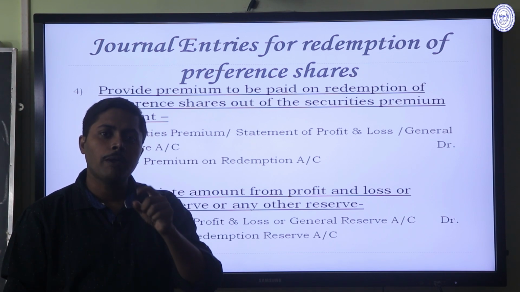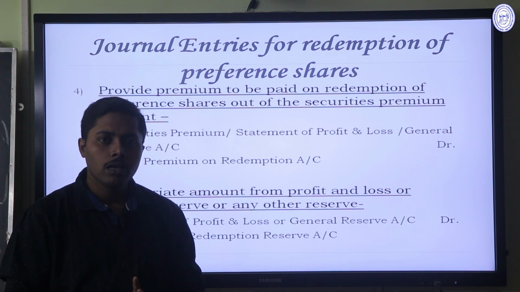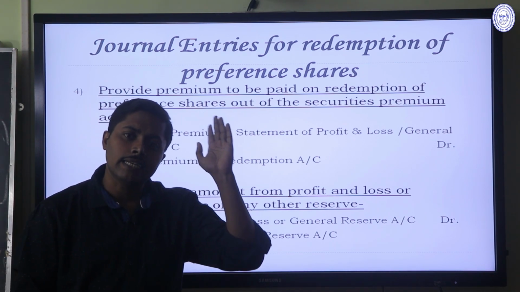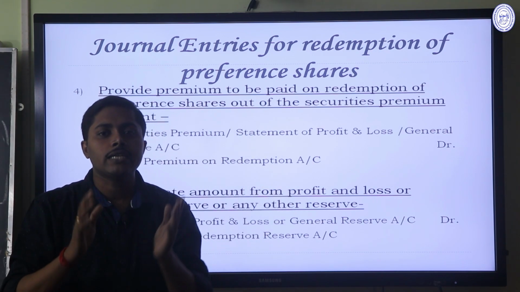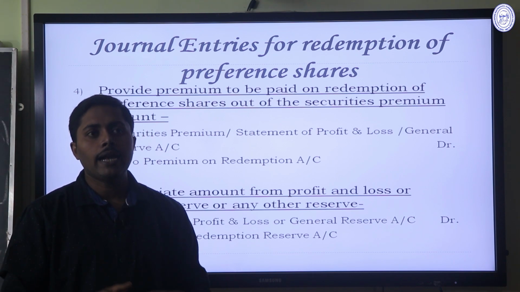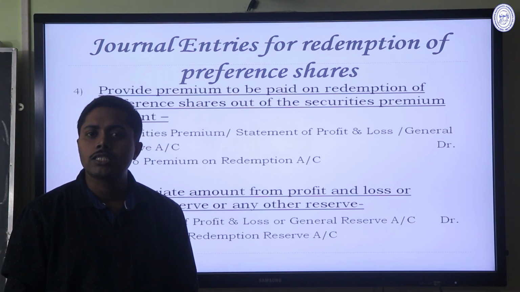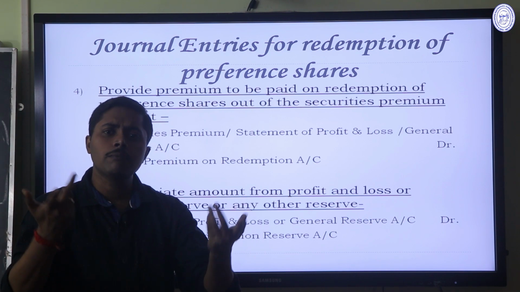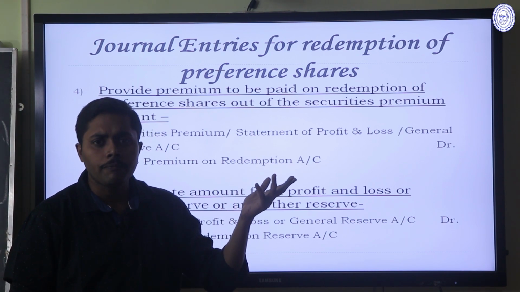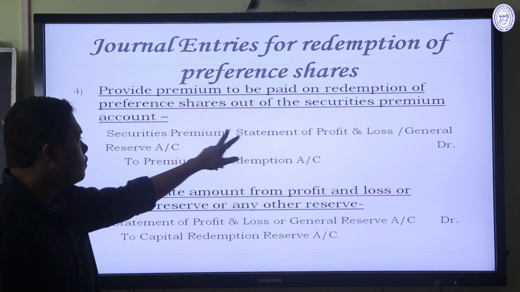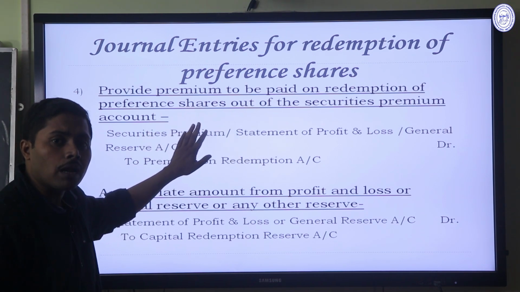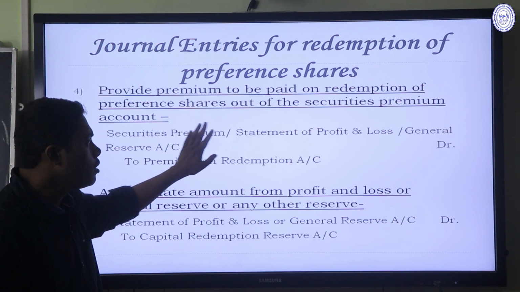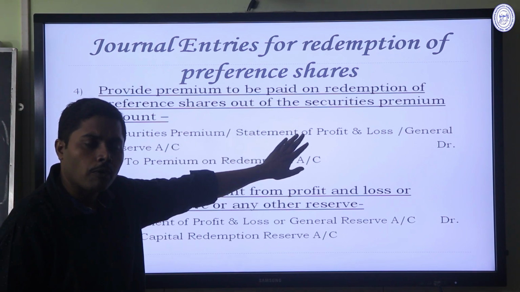So, you have to make a payment of 10,000 as premium. 2,000 will be adjusted against securities premium, 6,000 against profit and loss and the rest from the general reserve. And if you have the entire amount in the securities premium balance, then you can simply adjust it with the securities premium. Okay. So, here the order denotes that if the balance doesn't permit in share premium, then you will go for the statement of profit and loss.